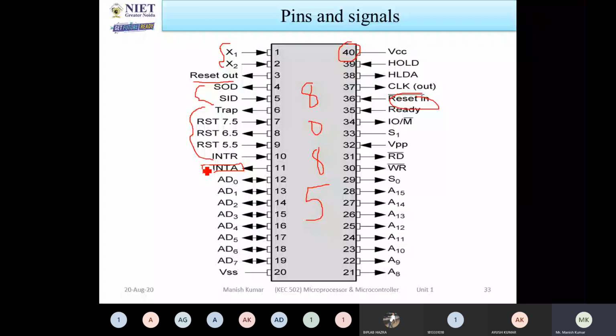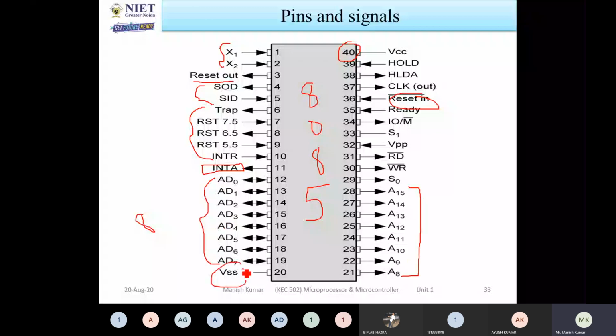Now from AD0 to AD7, there are 8 bit lines, data lines and address lines. These 8 bits are used for the data also and the address also. But these 8 lines are used only for address. This is the ground, always you know.